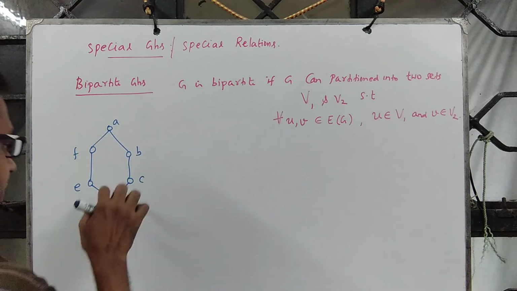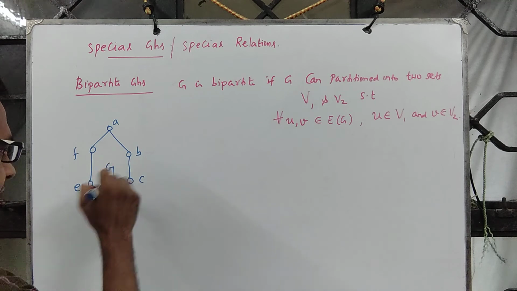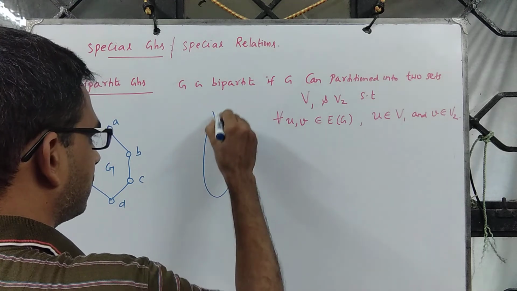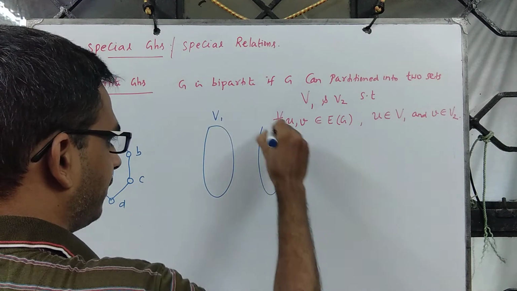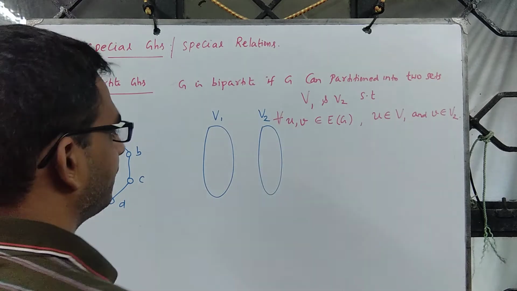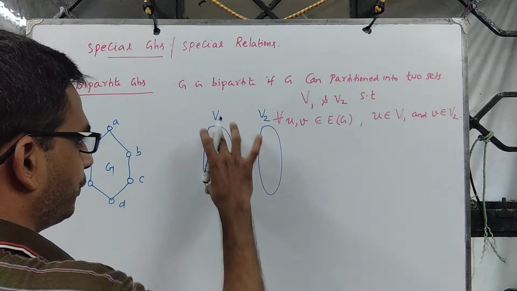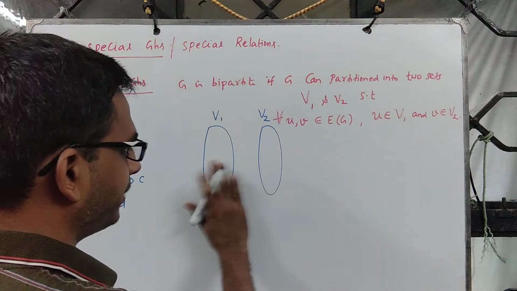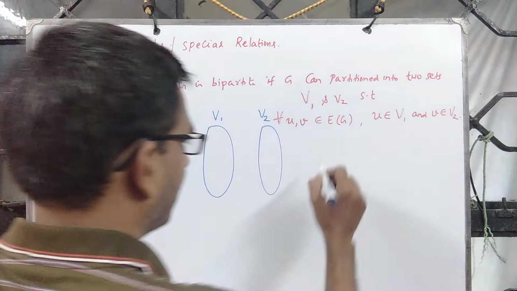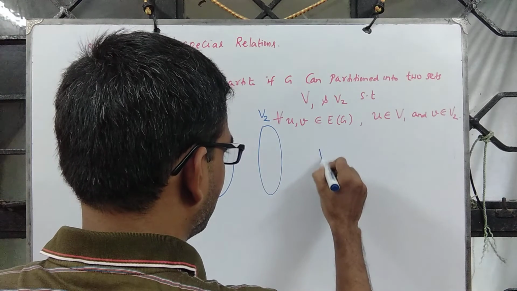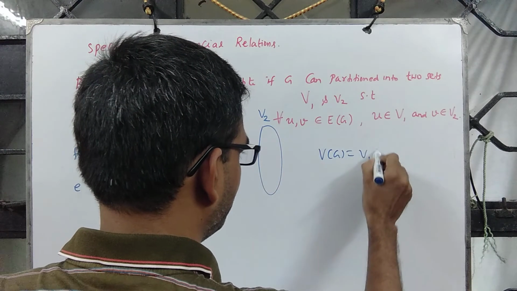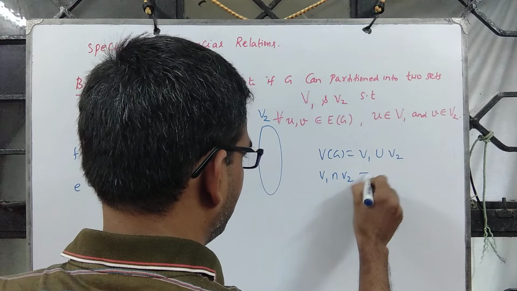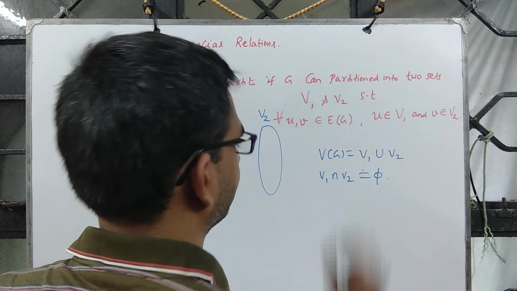So to say that this G is bipartite, we need to exhibit two partitions of G, namely V1 and V2, with the property that now it's a partition, so which means A to F is distributed into V1 and V2. And what is the definition of partition? V of G is the union of these two, and V1 intersection V2 is empty.